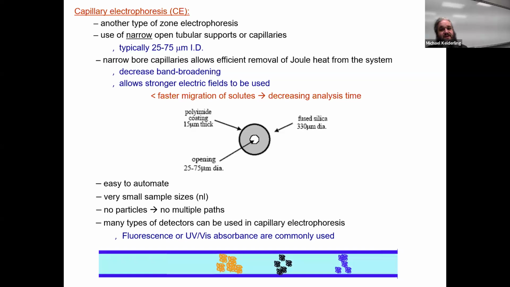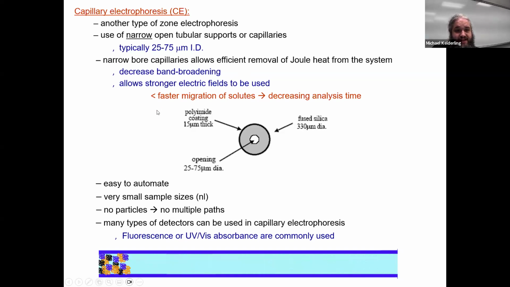Capillary electrophoresis is another type of zone electrophoresis. It uses narrow, open tubular supports or capillaries, typically 25 to 75 micrometers inner diameter. The narrow bore capillaries allow for the efficient removal of Joule heat from the system, which decreases band broadening. This allows stronger electric fields to be used, which leads to faster migration of solutes and decreases the analysis time.